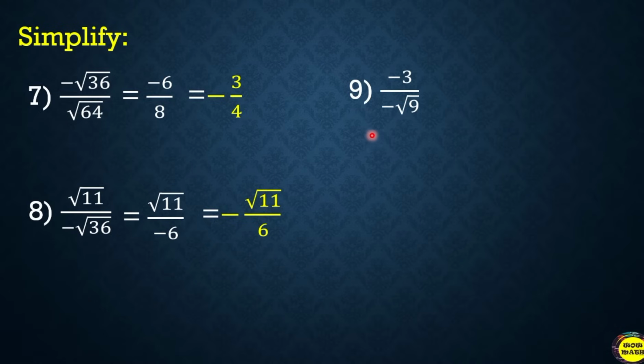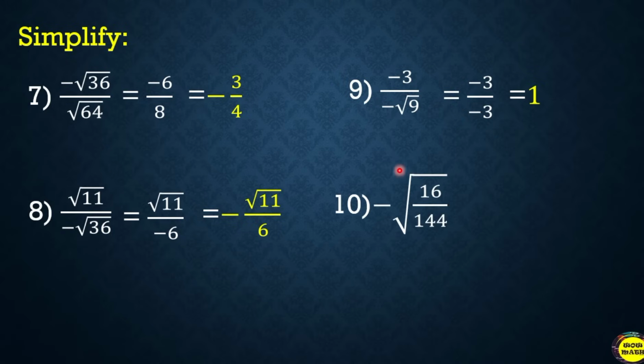Number 9, we have negative 3 over negative square root of 9. So, 9 is a perfect squared and square root of 9 is 3. So, negative 3 over negative 3, or negative 3 divide negative 3, the answer is positive 1.